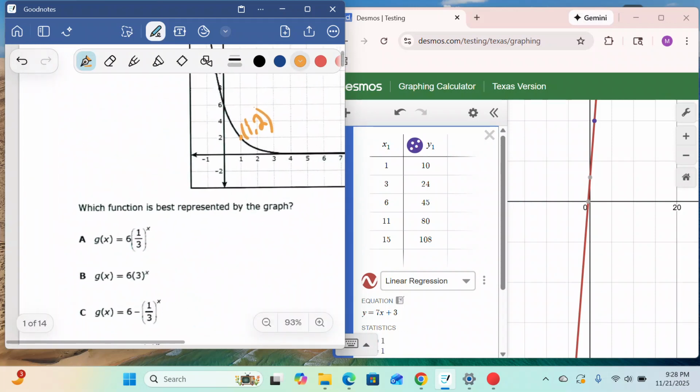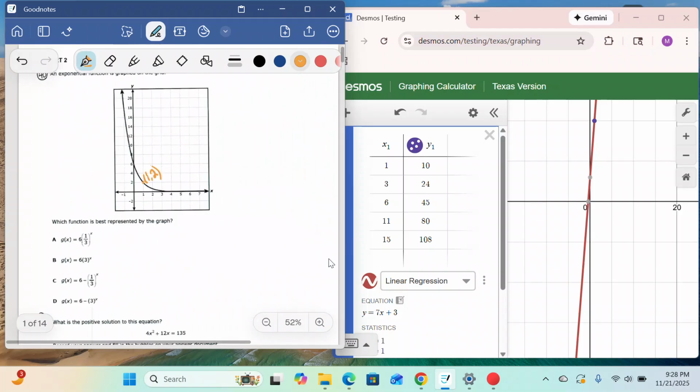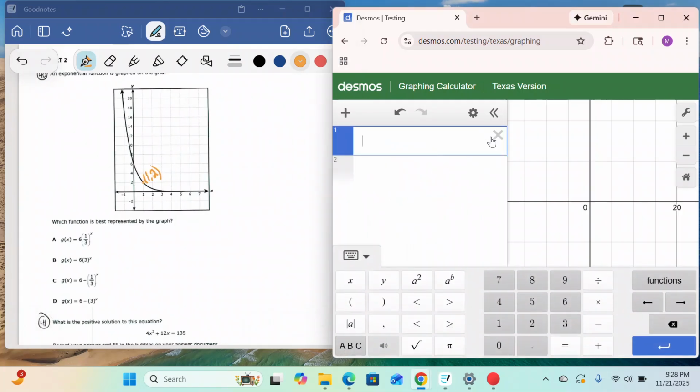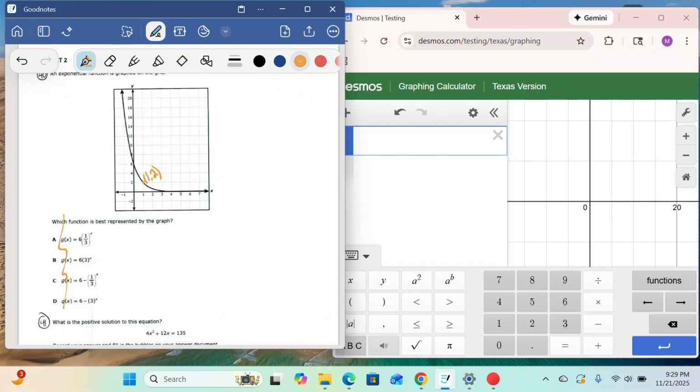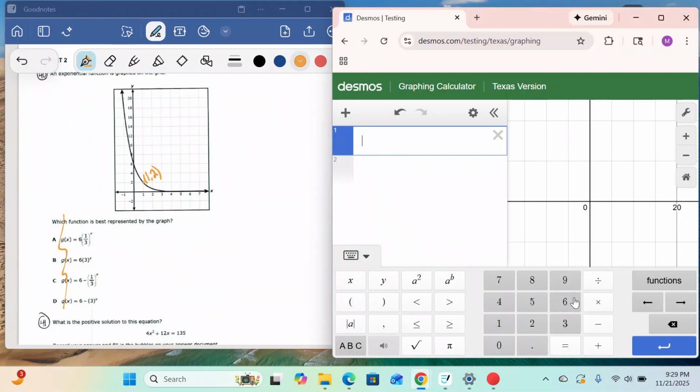and B. So what I would recommend is, let me go ahead and do the first one, and I'm going to input every single one of them. Do not forget that we don't have to put g of x. All we have to do is put the equation. So I'm going to do 6 open parentheses, 1 divided by 3, close my parentheses, and raise it to the x, and there's my first one.